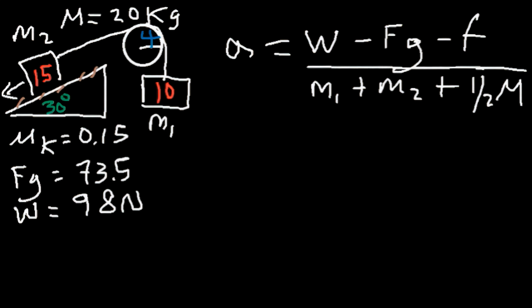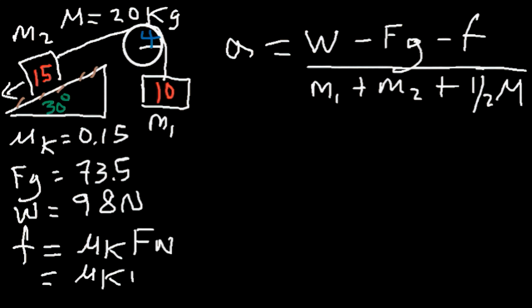So let's calculate the frictional force before we plug in everything into that equation. So the frictional force is equal to mu k times the normal force. And we know that the normal force is m g cosine theta.